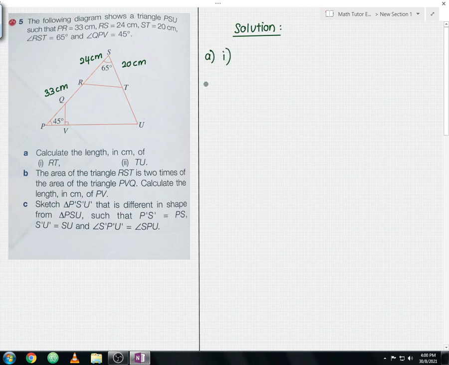Okay, by applying the cosine rule, RT square will be equal to 24 square plus 20 square minus 2 times 24 times 20 times cos 65 degrees.